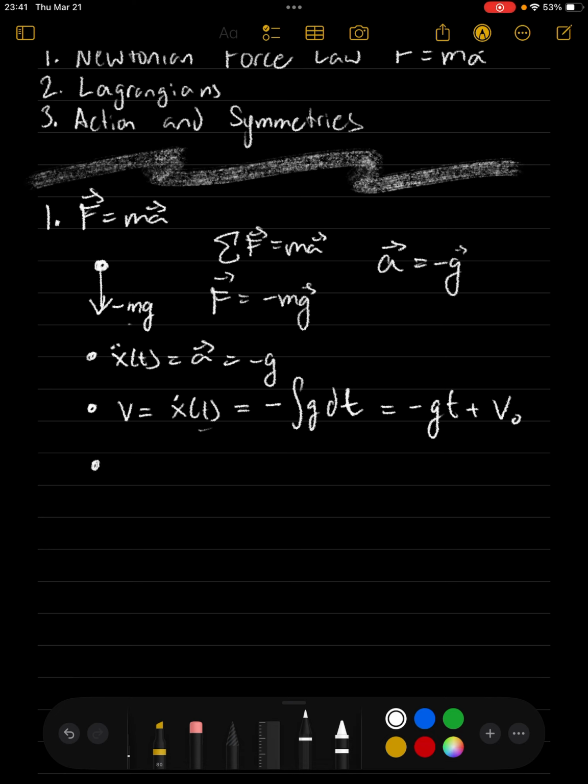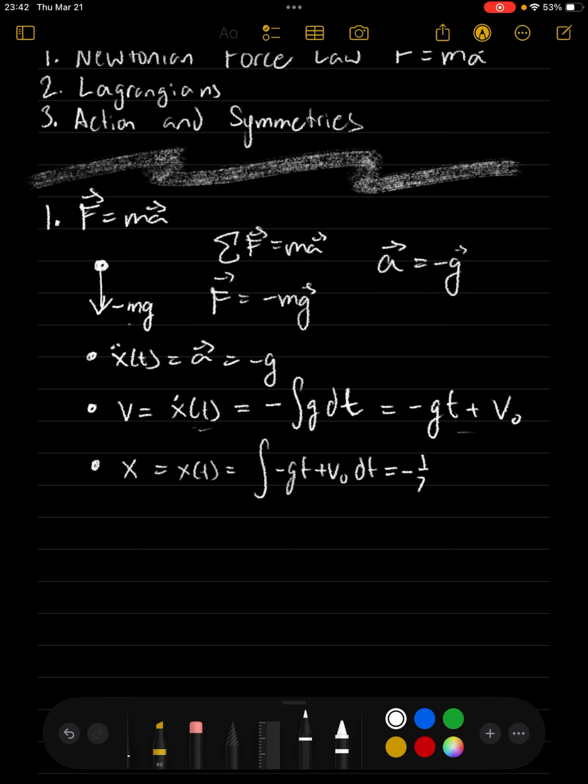And of course, we can go even one further, which is x, which is just x of t. In order to find this, we have to integrate the velocity, minus gt plus v naught, all by dt.